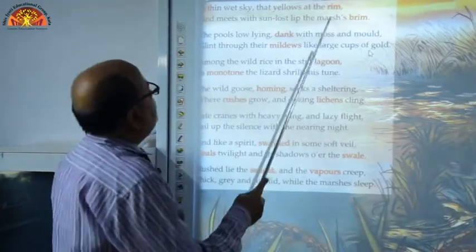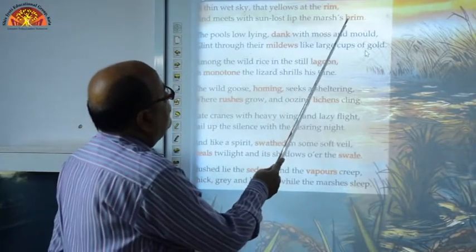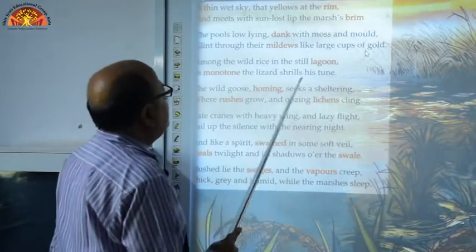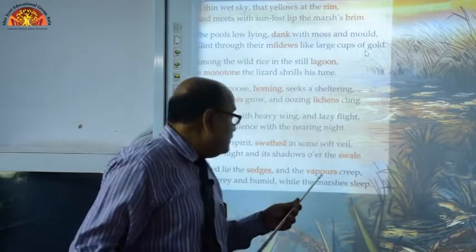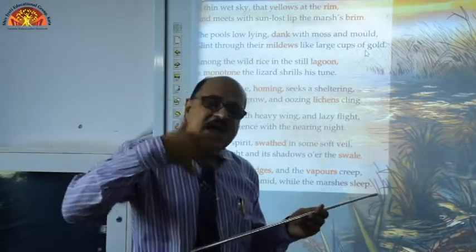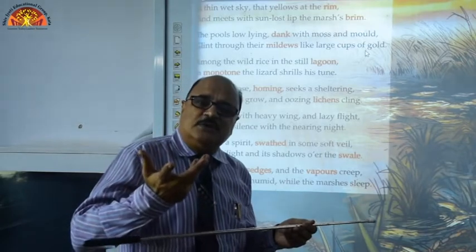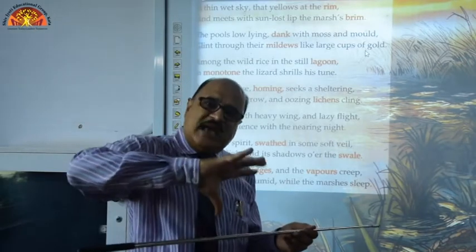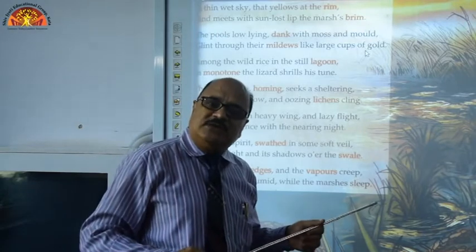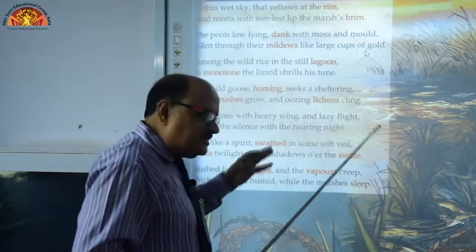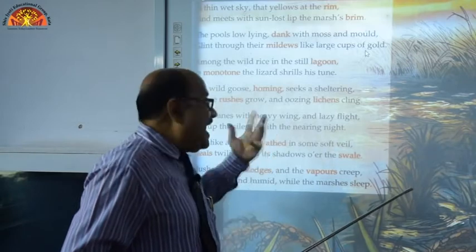So, we can see this is the poetic rhyme scheme, and alliteration is also there. Alliteration means repetition of consonant sounds. Vowel sounds repetition is known as assonance, and repetition of consonant sound is known as alliteration.